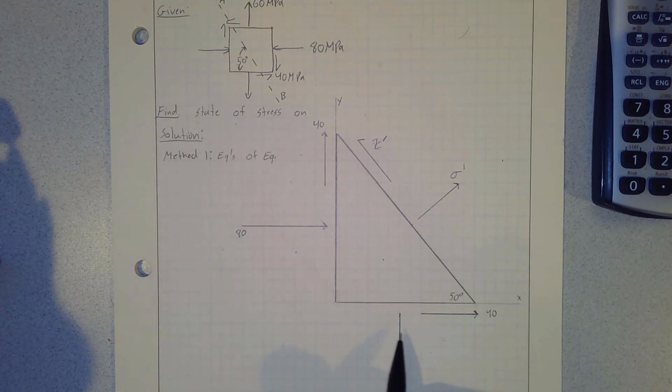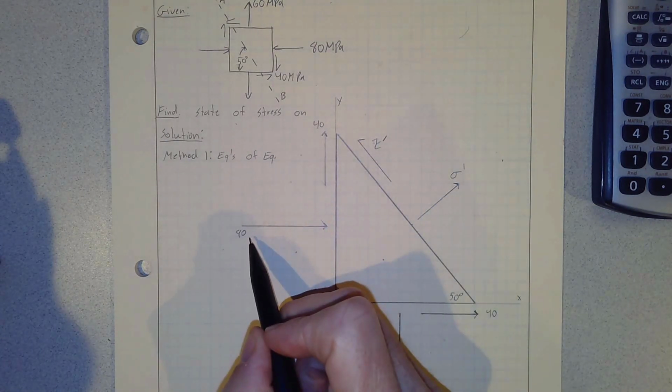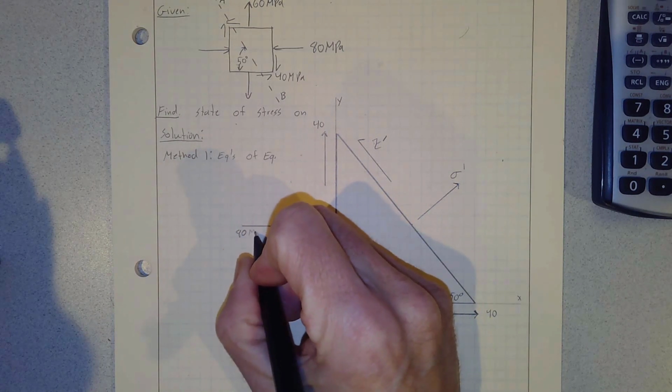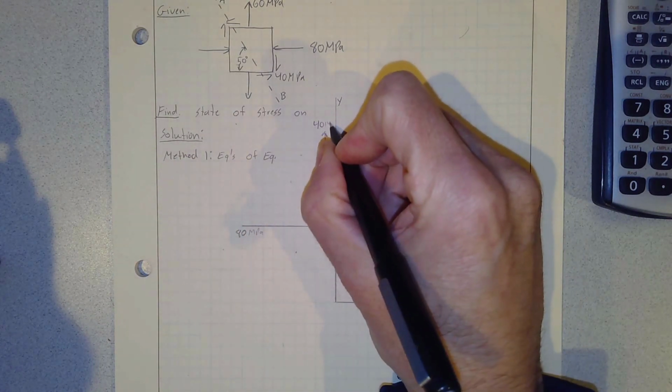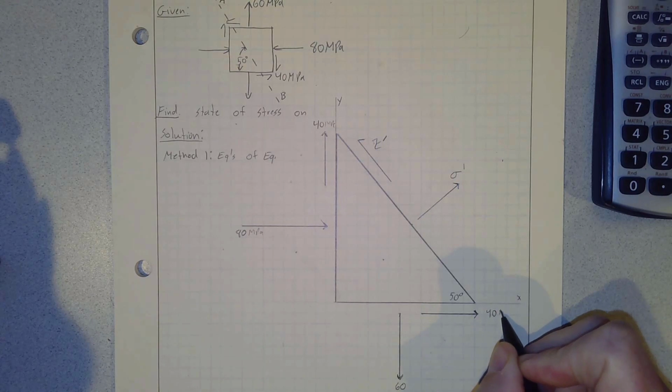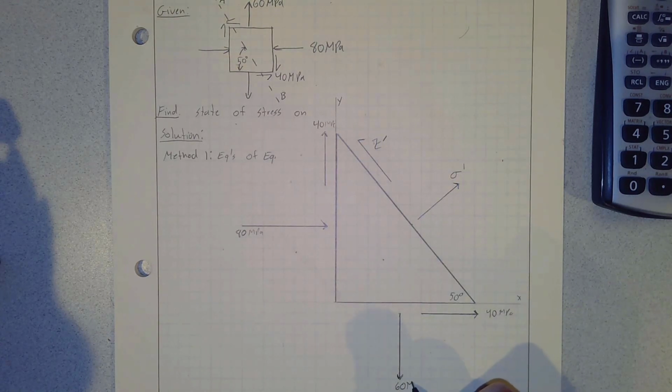I've shown the magnitudes here, but one thing before we start writing out our actual equations of equilibrium, we need to remember that our equations of equilibrium are sums of forces. And what we're given here are stresses. This is 80 megapascals, 40 MPa, 40 MPa, and down here 60 megapascals.